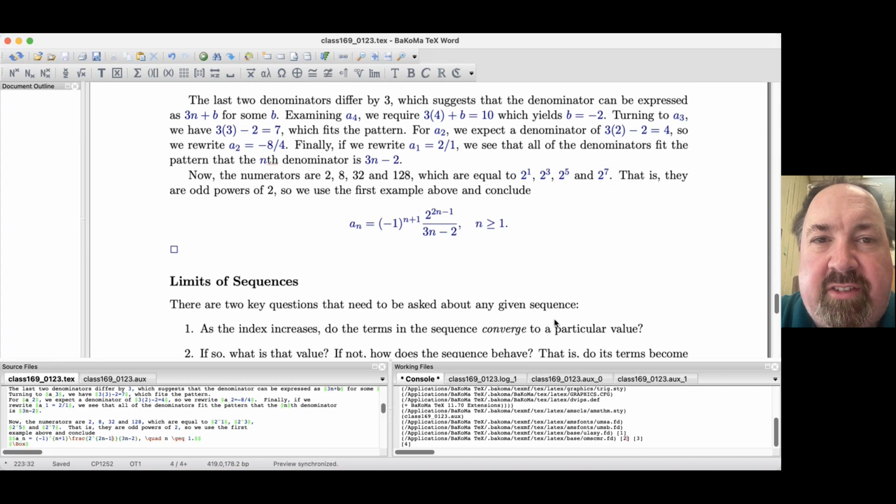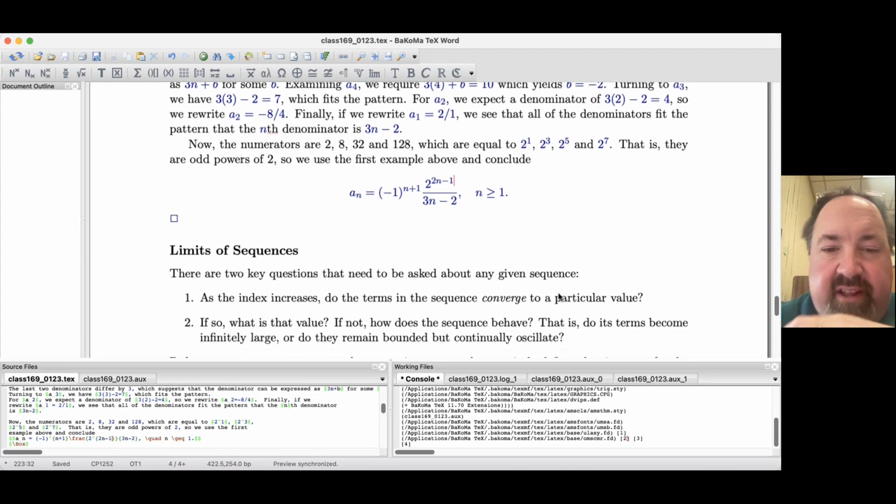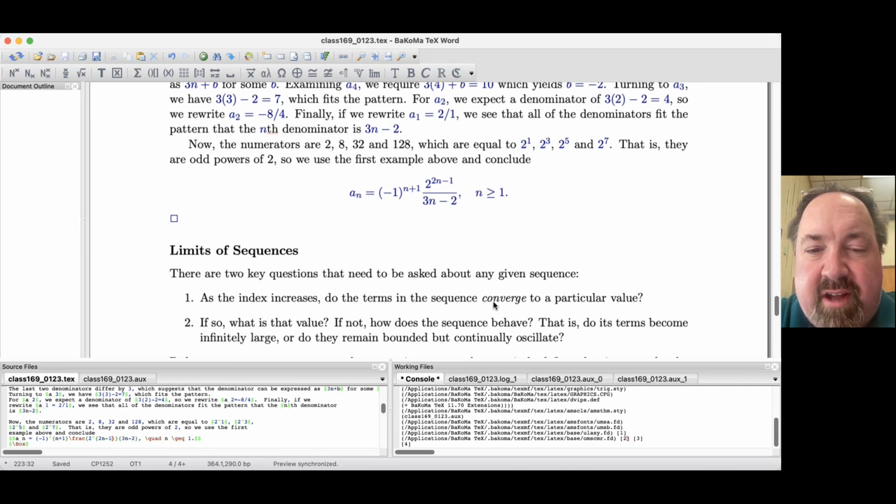Now, one very important task of sequences is to determine, does a given sequence converge to a limit, or does it diverge? I'll be showing you some examples in which we'll figure out the limit of a sequence if it exists. If there is no limit, there are different possibilities for behavior.